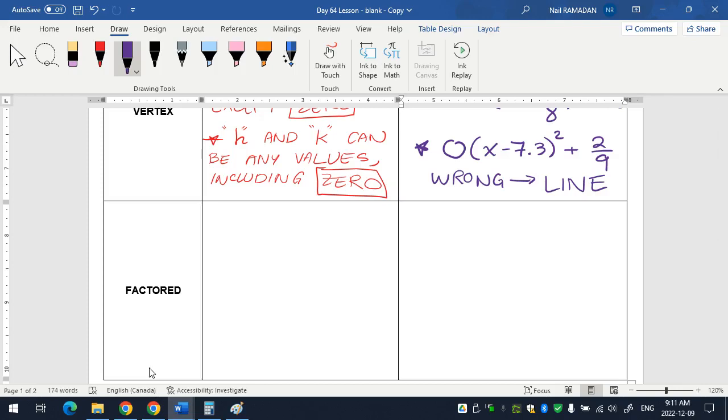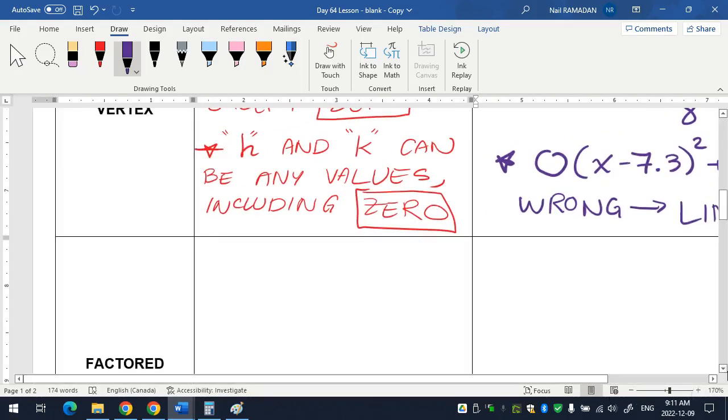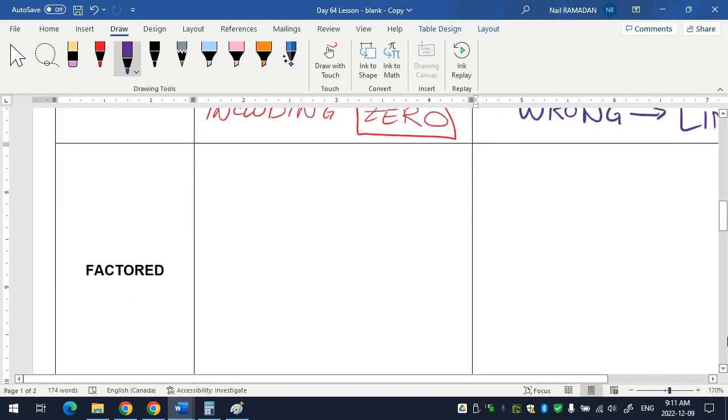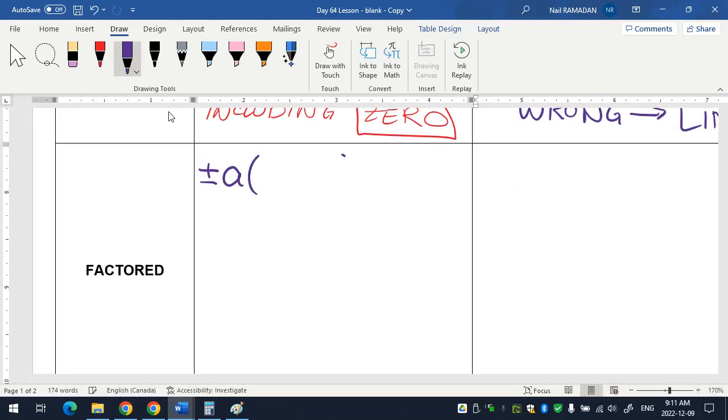Again, what do we start with? Same way we start every time. Not A, something. I want to emphasize that your first number can be positive or negative. So go ahead, plus minus A. Hold on, let me write this so you can see the space. Let's go with purple, sure. Plus minus A. And then how many pairs of brackets? You have got to have 2.